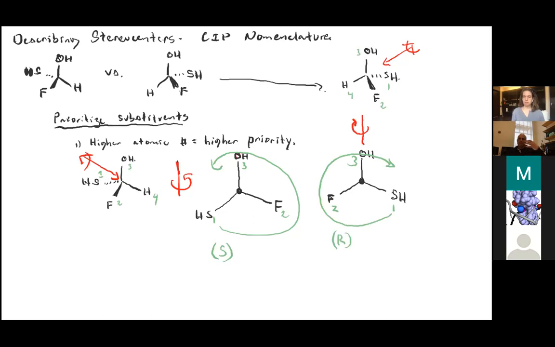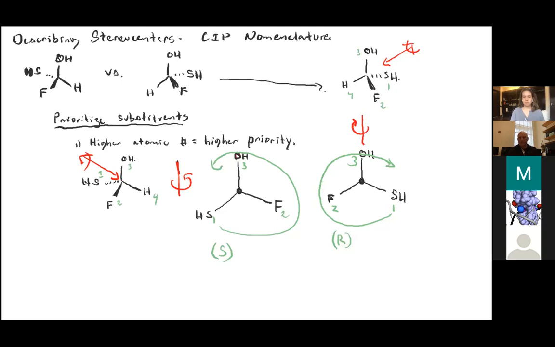So the absolute configuration of a stereocenter is always described by this R/S nomenclature, okay? And in the simple cases where you have 4 different substituents, you simply prioritize by atomic number, okay?